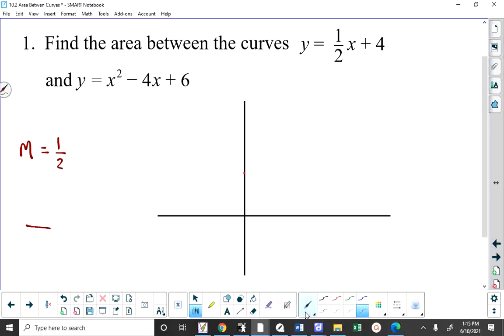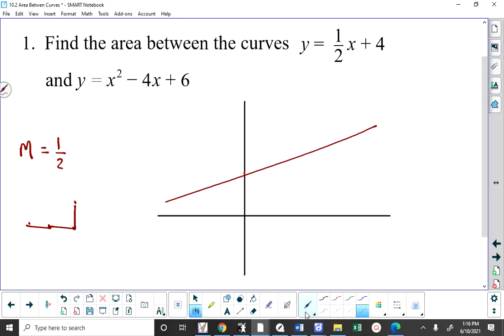Means you go 2 to the right and 1 up. That's going back to a very basic definition of slope from even grade 9 or 8. So it's a line which is not too steep. All right, so if we were to sketch this, it looks approximately like that. It doesn't have to be perfect.